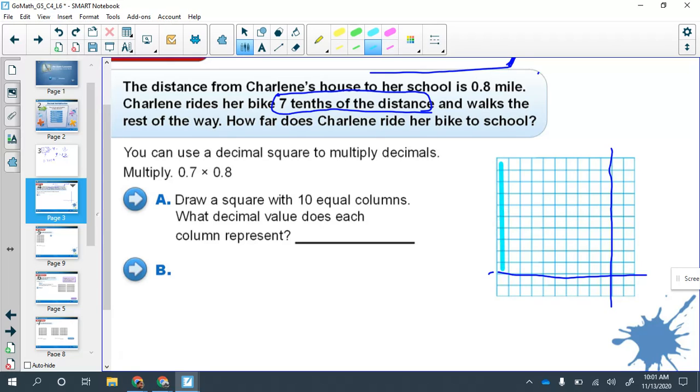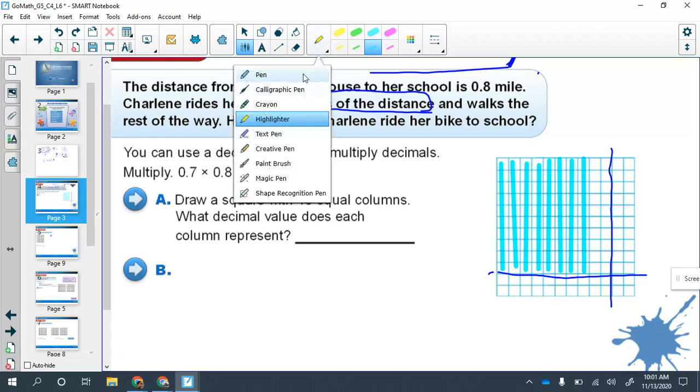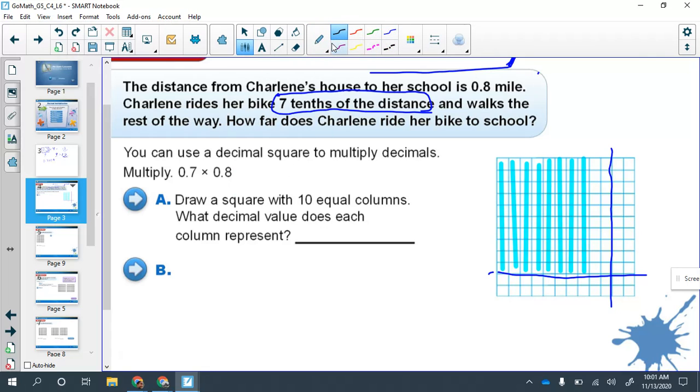So I'm going to shade in 8 longs: 1, 2, 3, 4, 5, 6, 7, 8 longs. I've shaded in 8 longs, and that represents my 8/10 of a mile. So why don't we write that up here at the top. Across the top here we have 8/10 of a mile.